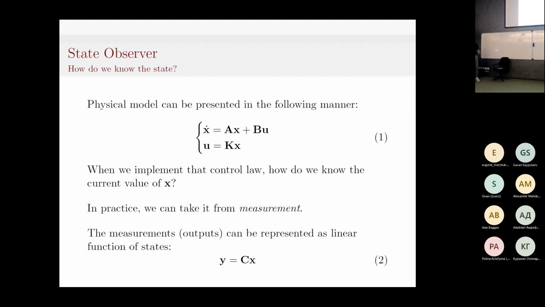What's interesting is that in practical cases, we cannot retrieve the current state value directly. We need to have some measurements, outputs, and these measurements can be presented as a linear function of states, y equals Cx, where C is an observer matrix.